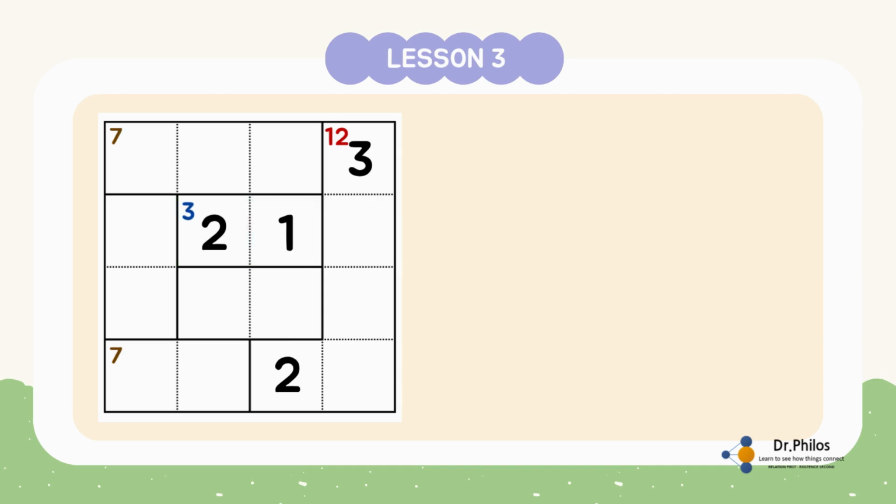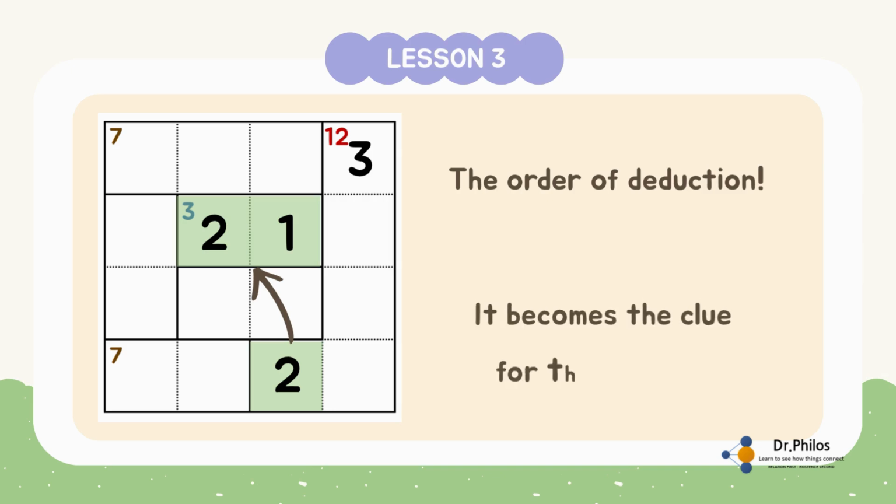Good job! Once you've figured out the box with only one possible number first, the two boxes in row 2 also narrowed down to one possible number. You see why that order is important, right? Because what we find first becomes the clue for the next box.